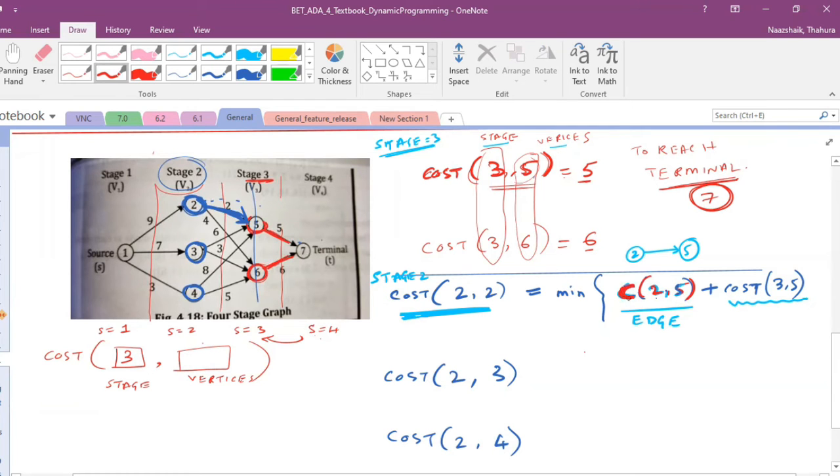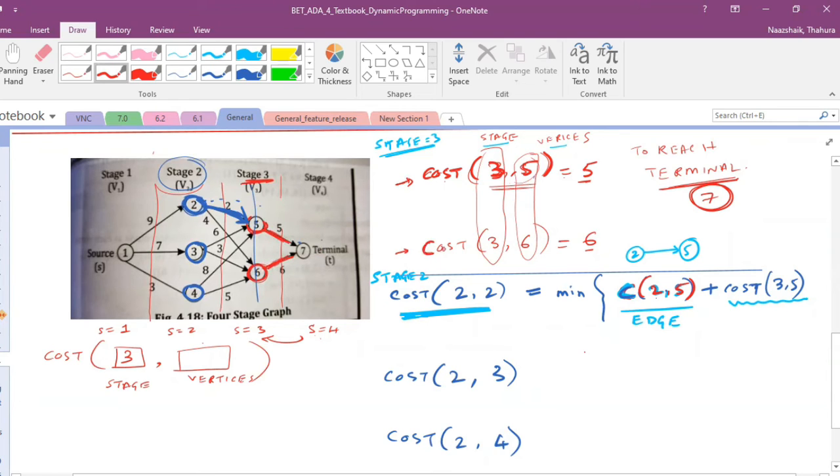Whenever I say C, it is a direct edge. Whenever I say cost, it means the first number represents the stage. I'm in stage 3. And in stage 3, I am checking vertex 5. That's what it means, right? And here, because in stage 3 you have two vertices, you have to find out two different costs. Basically, you're evaluating two possible ways of reaching the terminal.